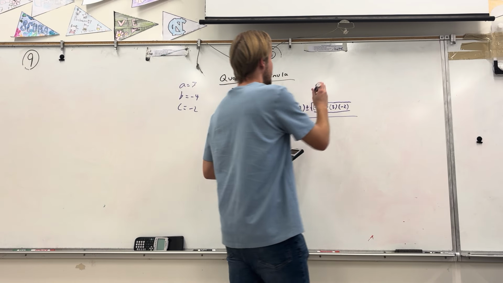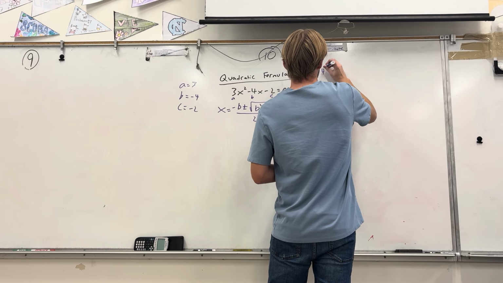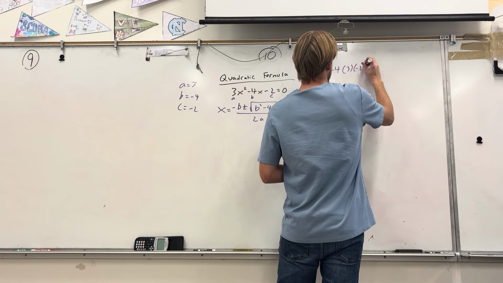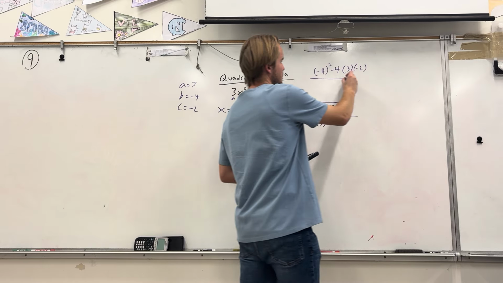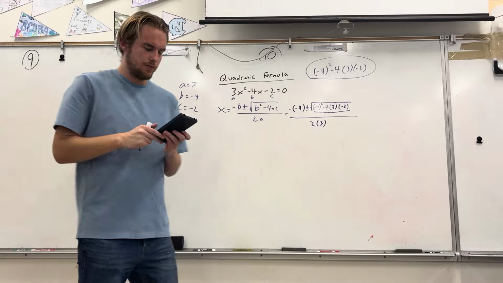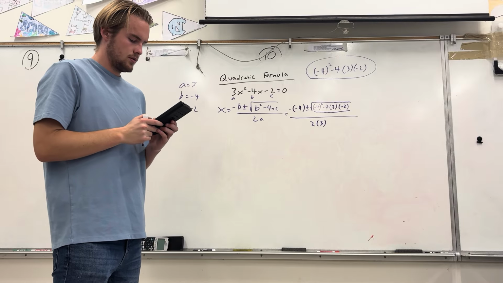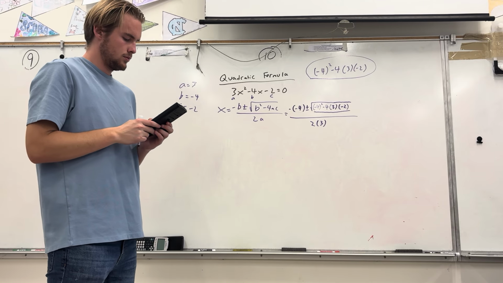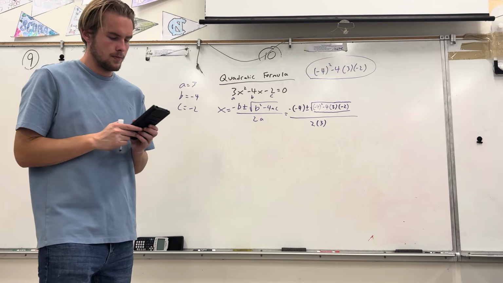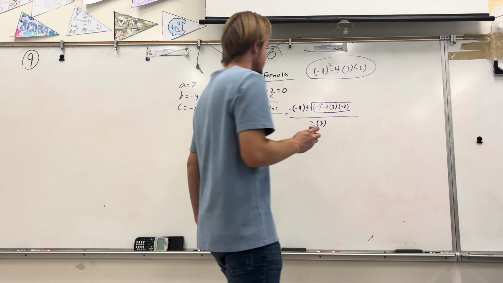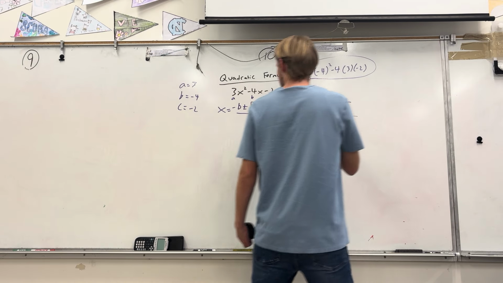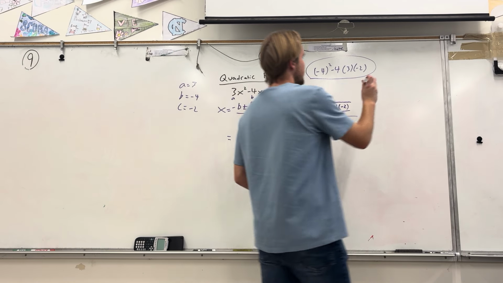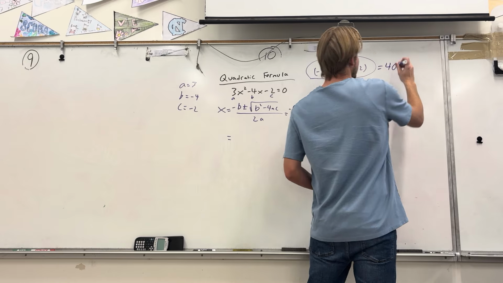So I'm putting negative 4 squared minus 4 times 3 times negative 2. I'm putting just this into my calculator. And let's see what I get. I get 40. So I got that this equals 40 when I plugged it in my calculator.